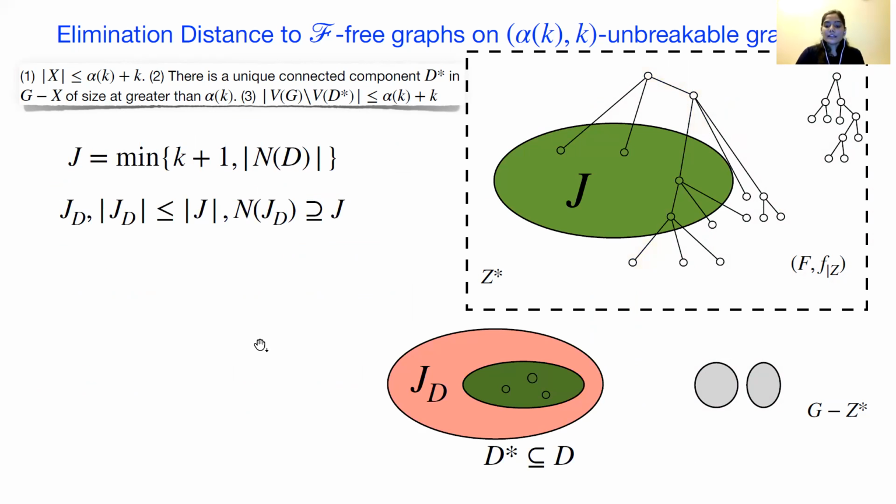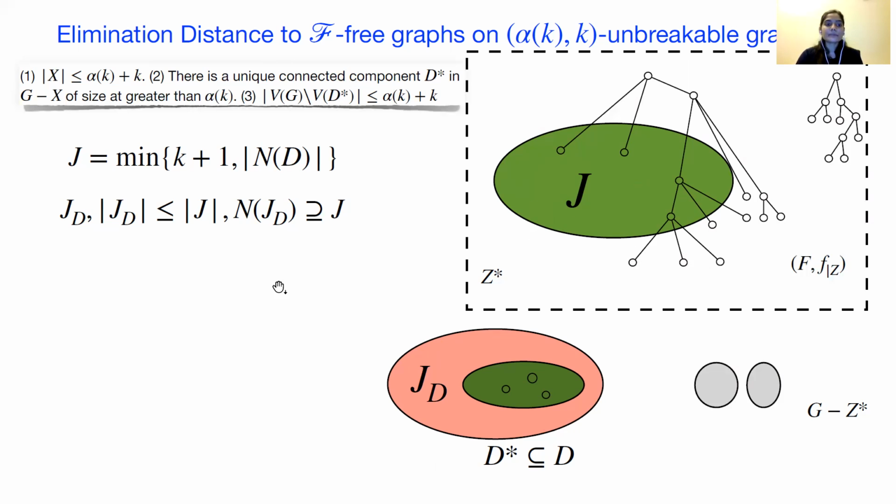Okay. Now for the large connected component D, I want to prove some property. So consider a set J here above in my partial modulator, of size k plus 1 or minimum of size k plus 1, a neighborhood set of this large connected component D. So whichever is minimum, the size of J will be at most k plus 1.